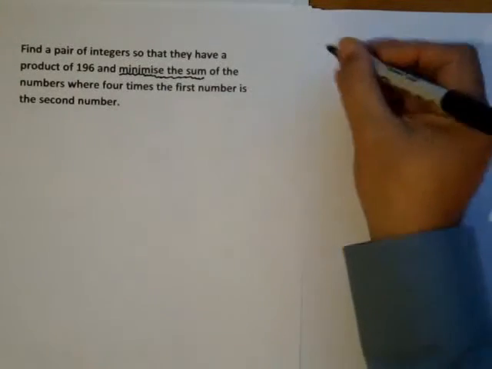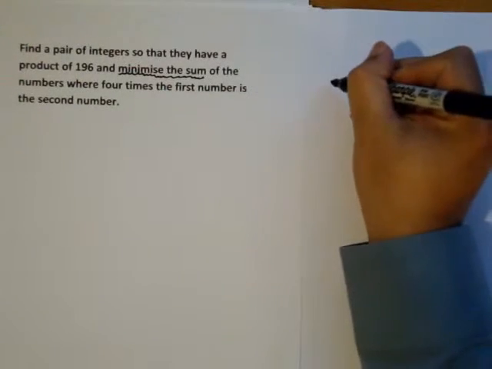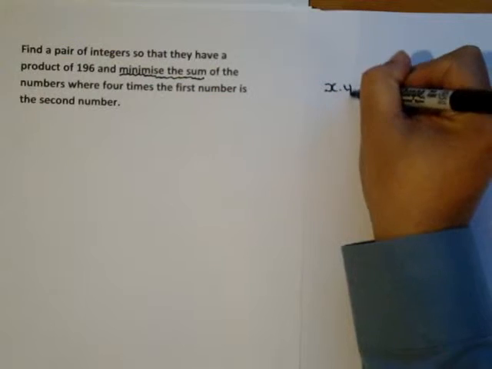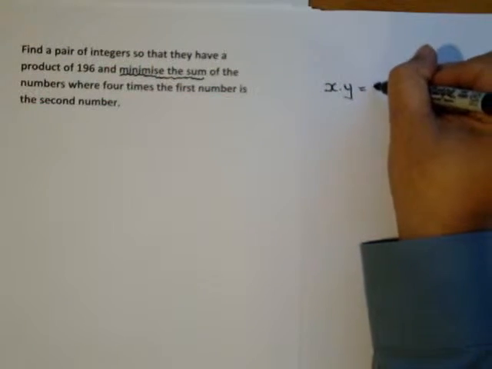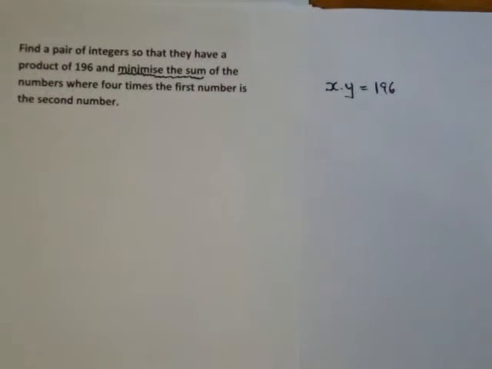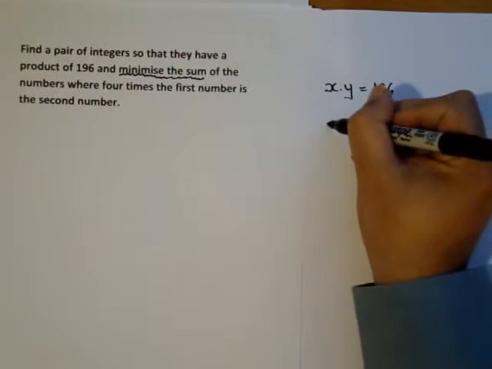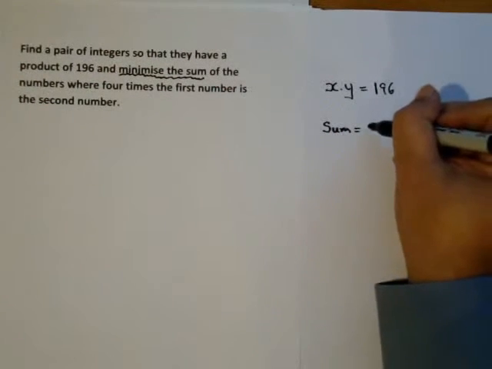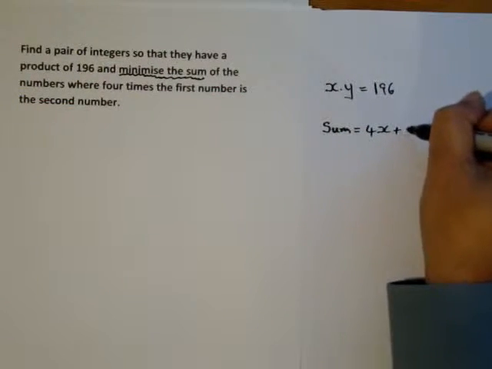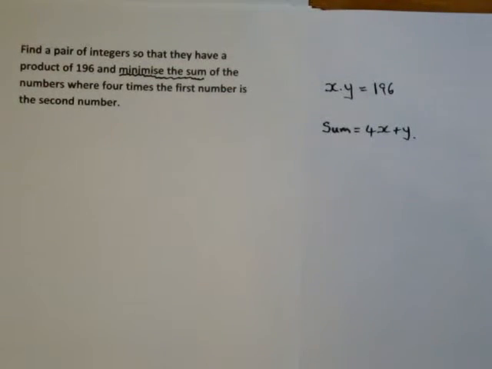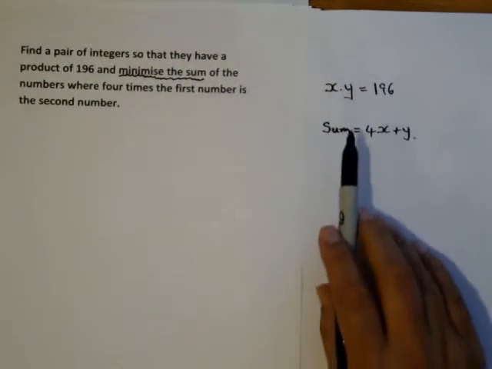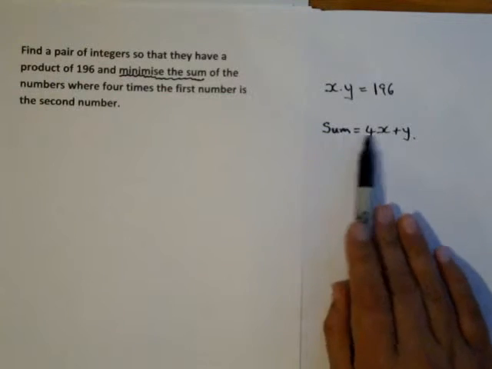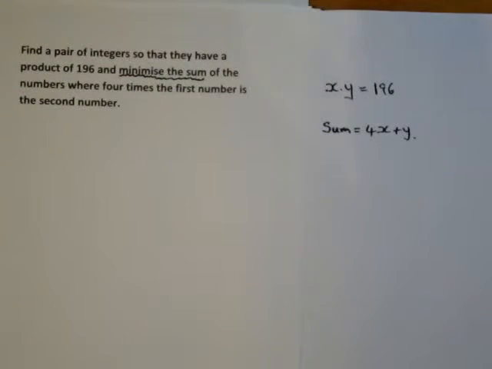So our constraint is the product xy equals 196, and the one we want to minimize is the sum, which we'll call s, is 4x plus y. So we want to put our constraint into this, so we need to work out what y is.